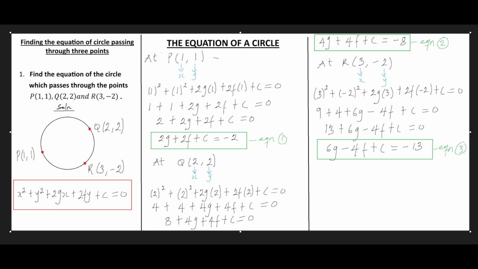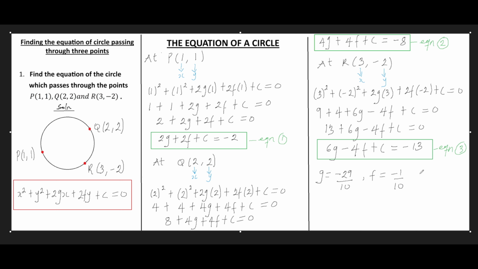So we have g as minus 29 on 10. We have f as minus 1 on 10.